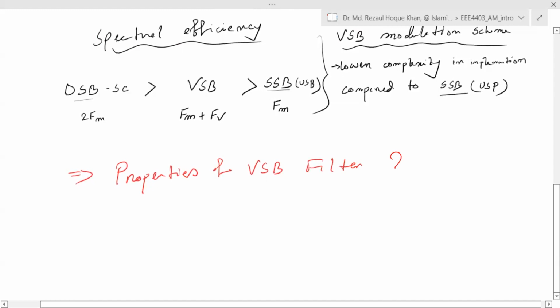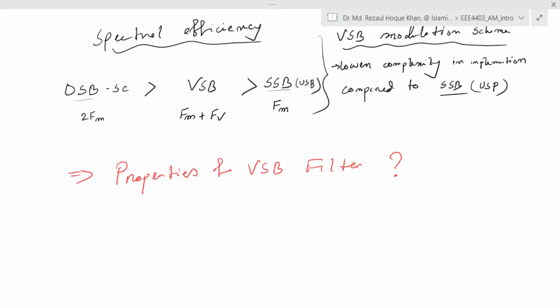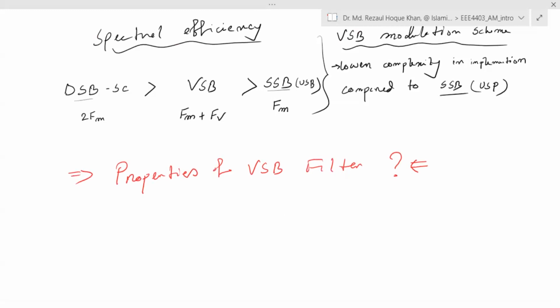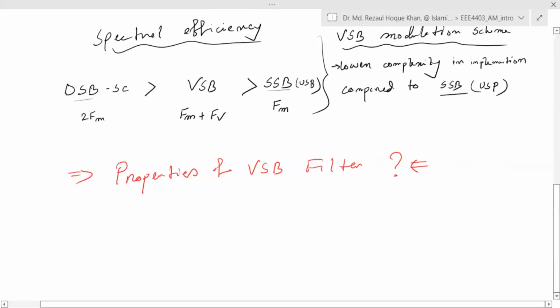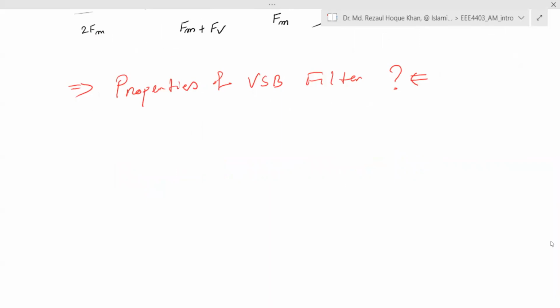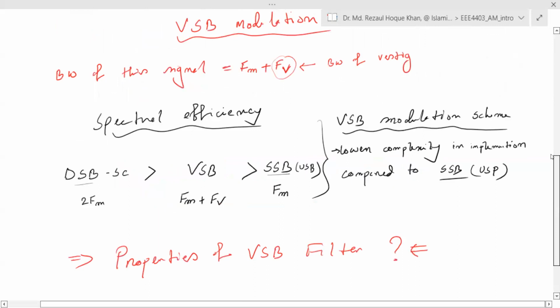What condition should it follow so that it works? The practical high pass or low pass filter works as a vestigial filter. So let's see what properties are required for that.